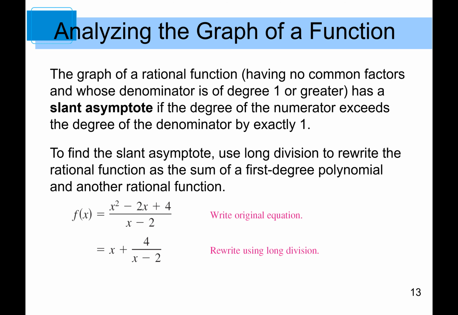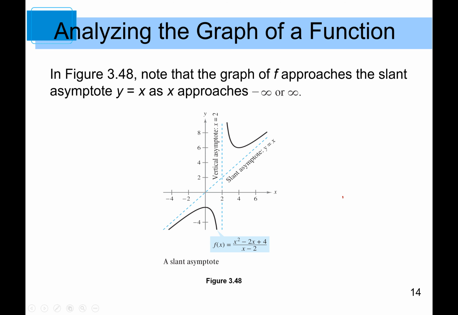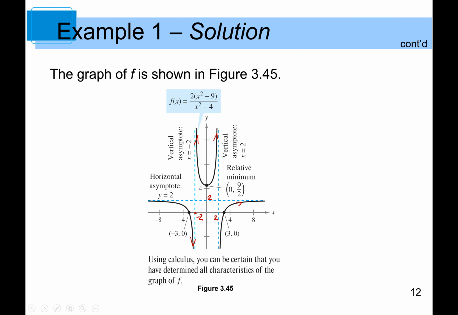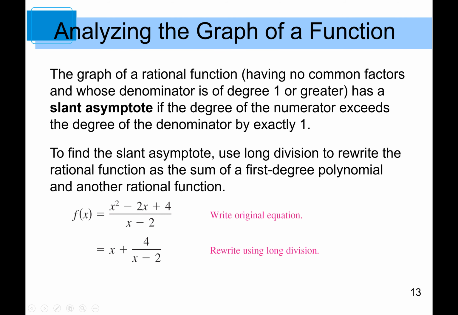Okay, second part, we're gonna take a look at the slant asymptotes. The slant asymptote occurs when we have a rational function. Slant asymptote only applies to rational functions. And a rational function will have a numerator and denominator.